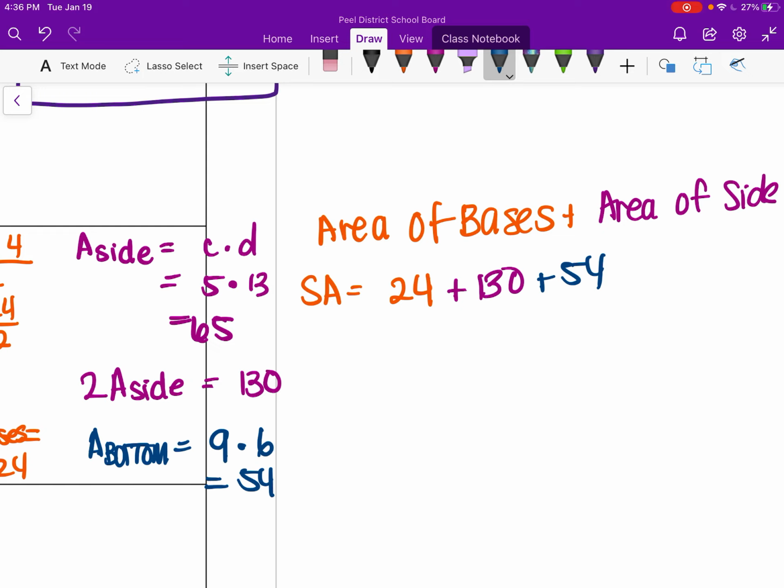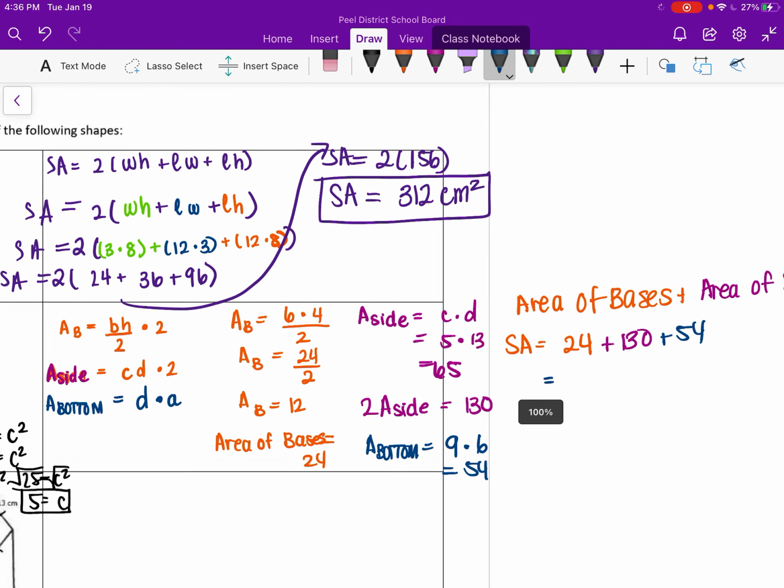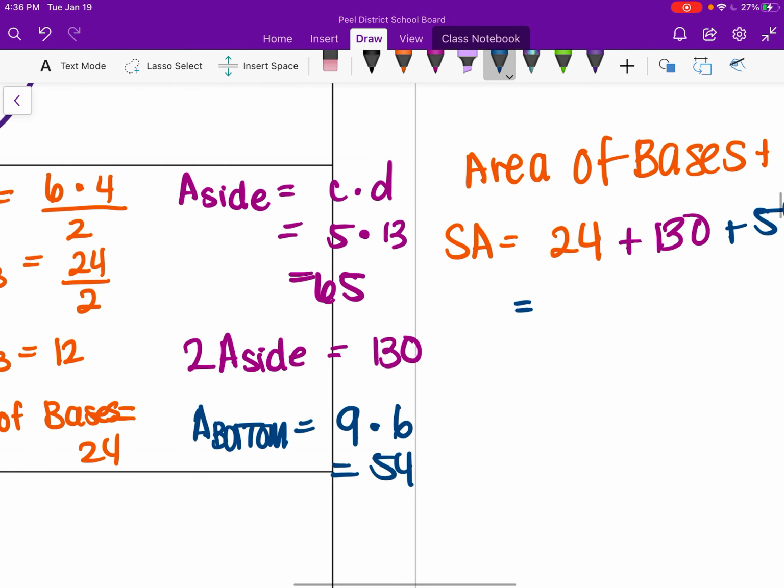And that is going to give me, oops, I made a mistake here. This should be 6. 6 times 13 is going to be 78. This is why you should not speed run through your assignment. Right, so then the area of the 2 sides is going to be 78 times 2.